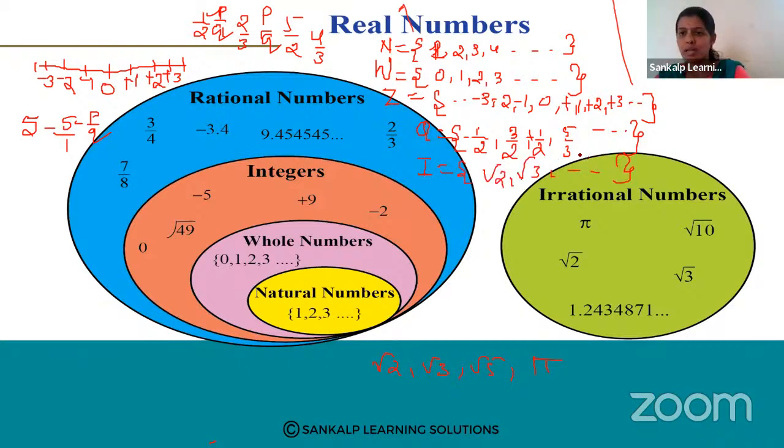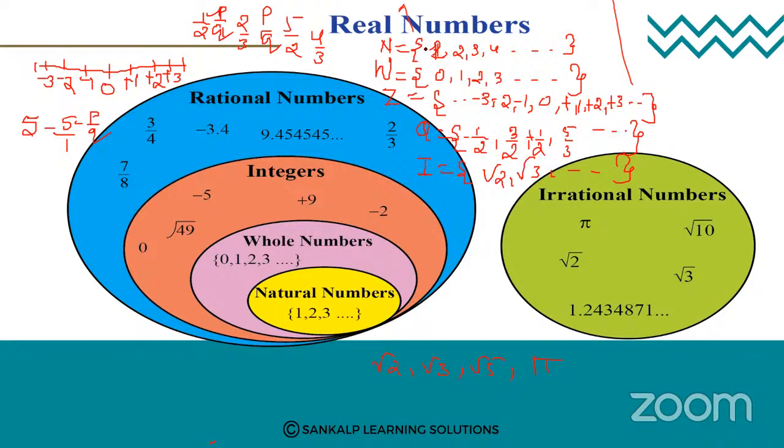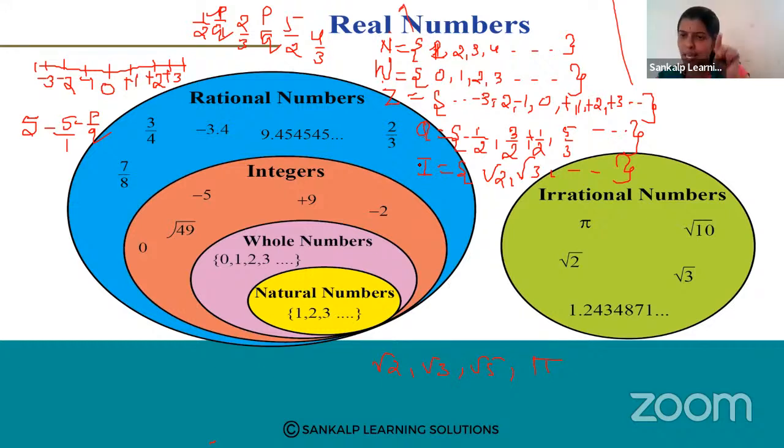If you consider natural numbers, whole numbers, integers, quotient, rational numbers and irrational numbers, all the numbers together is what we call real numbers. Real numbers include all the set of numbers.